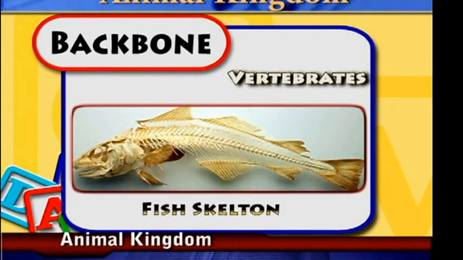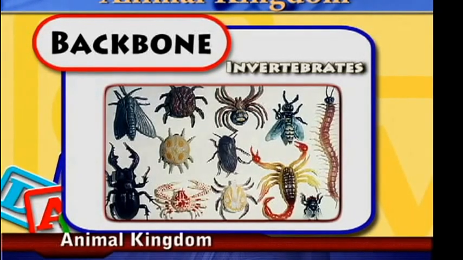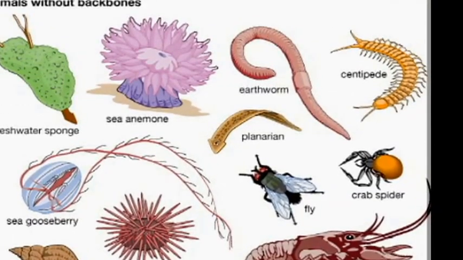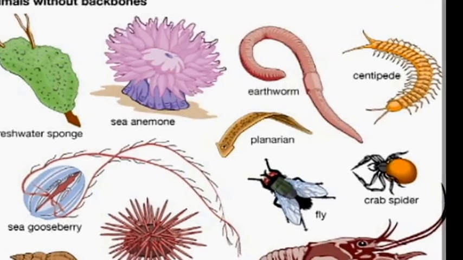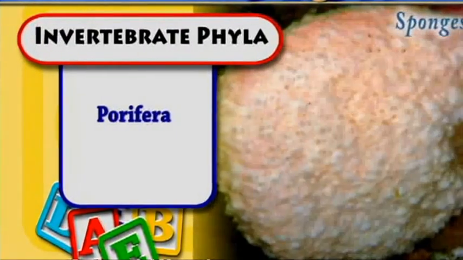Then animals that do not have backbones, which we are referring to as invertebrates, have several phyla. One of the phyla that we find in the invertebrates is phylum Porifera.